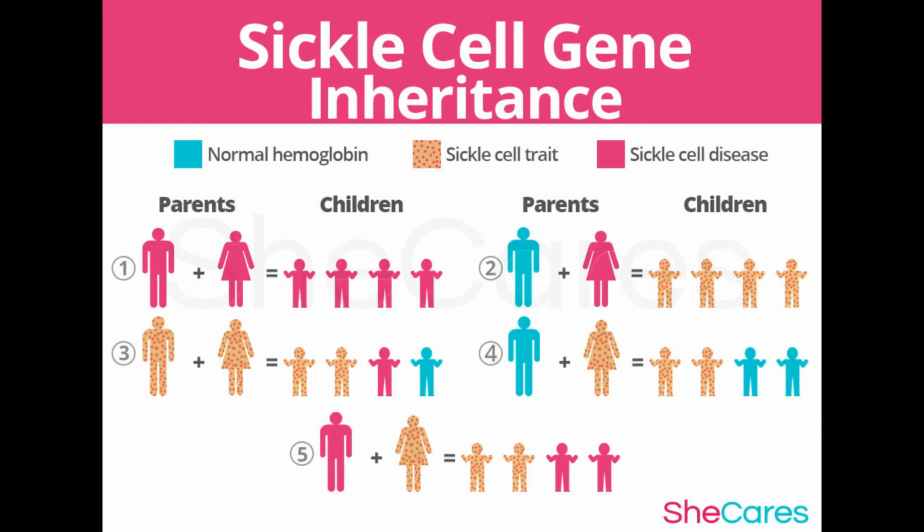And this is very important. You will see after you listen to the presentation that when two parents are carrying the trait, the likelihood of the child to have sickle cell disease increases. Okay, so this is very important.